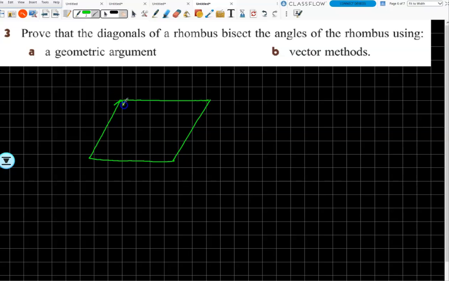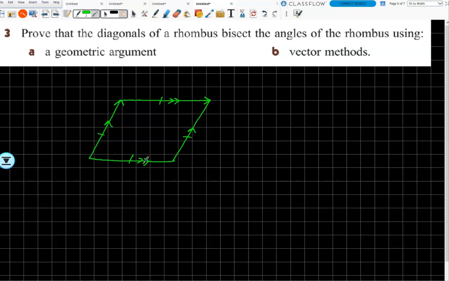Okay, so first thing, we've got our rhombus, like so. With a rhombus, we know that the sides are the same length. We also know that this is parallel to this, and that one is parallel to that one. Now, you don't have to write all of that in if you don't want to. This is just something that we know.